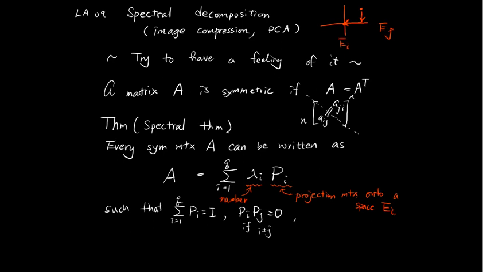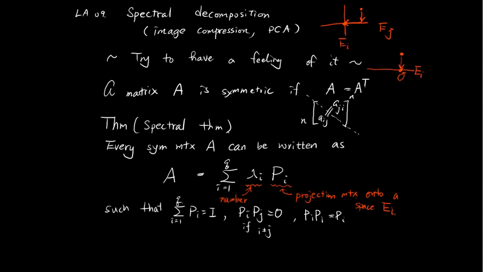And on the other side, you also have a formula: if P_i and P_i multiply together, which is P_i squared, it is equal to P_i itself. And this is also easy, and that's why I asked you to look at the matrix like an action. Okay, so this is E_i, and if you have a vector and then make the projection onto E_i, and then you make the projection again, it is not going to change the location.